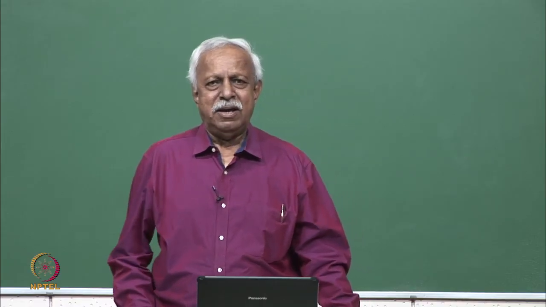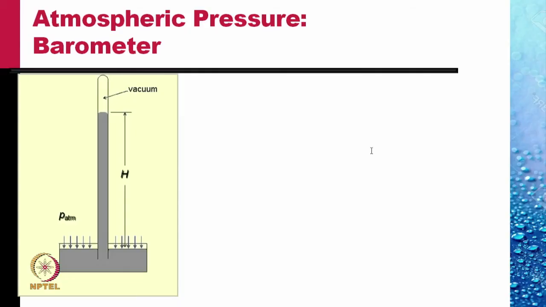You do know about a barometer, a device to measure the pressure of the atmosphere. A long tube, about a meter long, closed at one end and open at the other, is filled with mercury and is inverted into a cup of mercury.